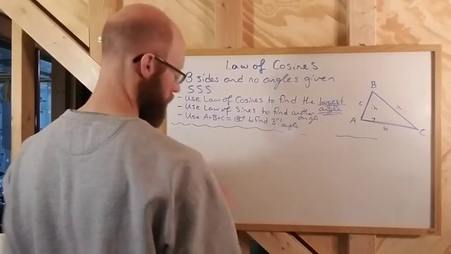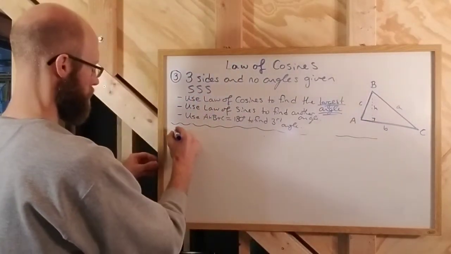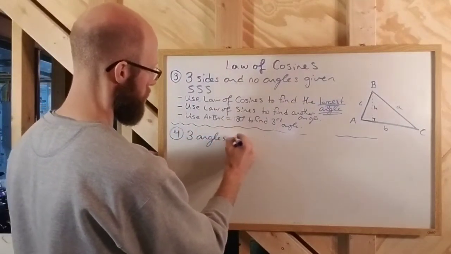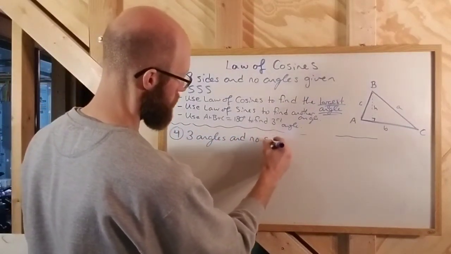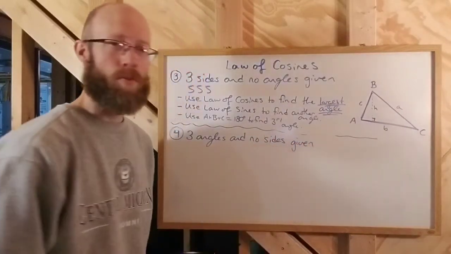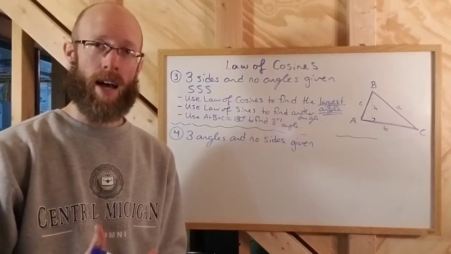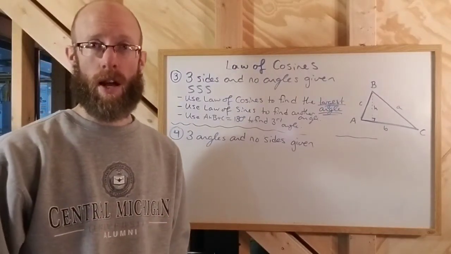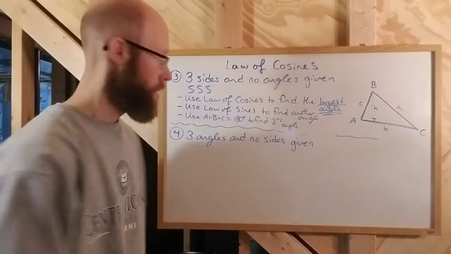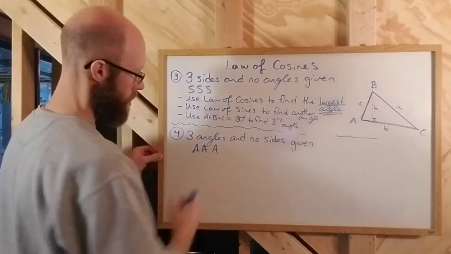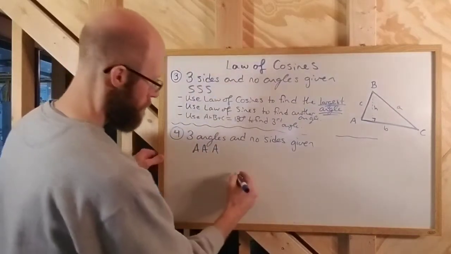So number 4 is three angles and no sides given. The problem with having three angles but no sides is that there isn't a particular triangle that you'd be trying to find.